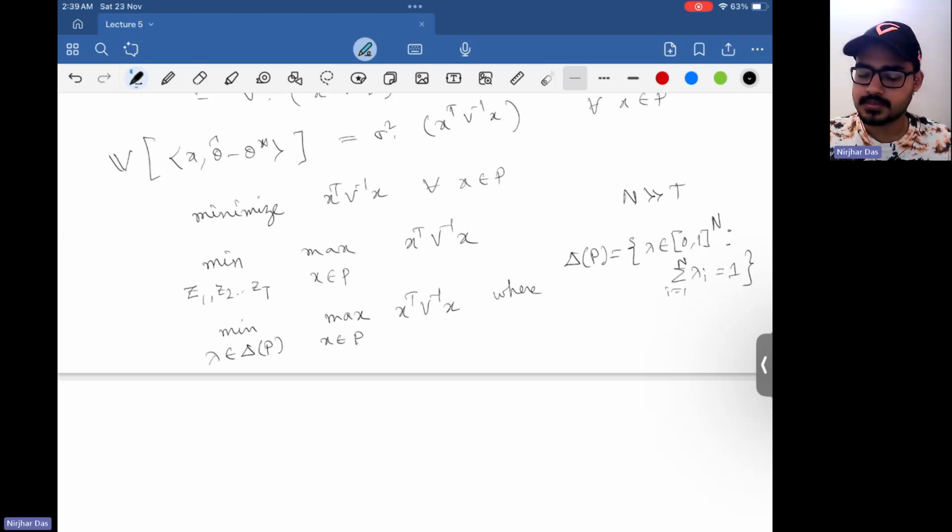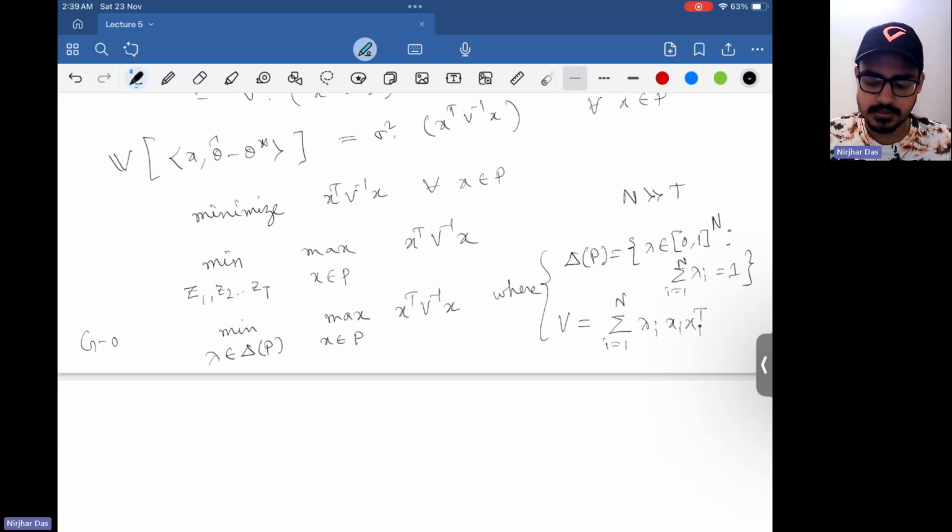So basically, this is the probability with which you will sample every point in P. And now the definition of V basically becomes the expected design matrix: the sum over i equals 1 to n of lambda_i x_i x_i transpose. So with these two definitions, we want to solve this problem.